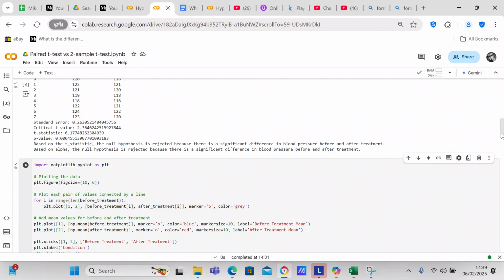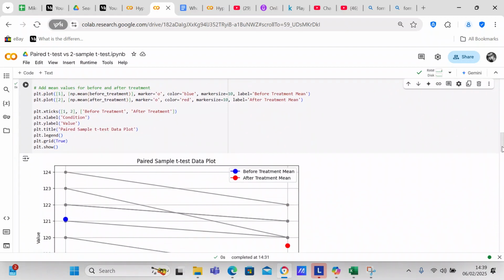So for the t-statistic and for the alpha, in both instances, the null hypothesis was rejected.